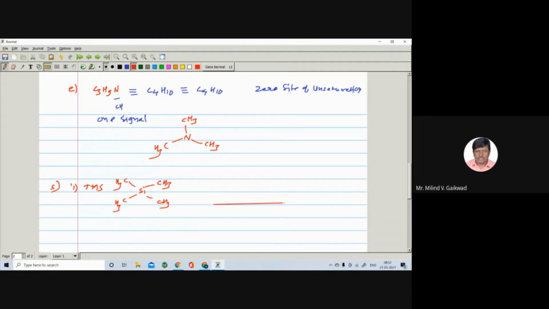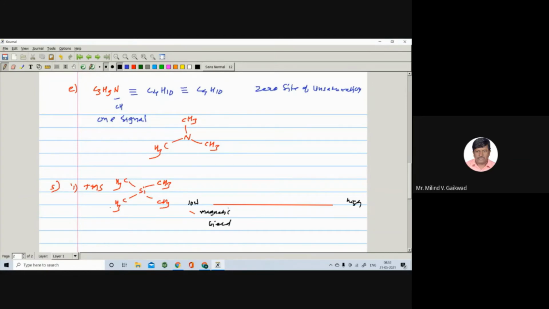So you know that this is the scale for the NMR, and this is the downfield, the magnetic field, right? So in the magnetic field, from left to right it increases. So this is the low magnetic field and this is the high magnetic field, right?